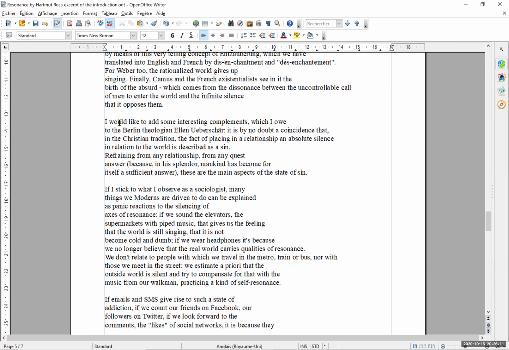If we wear headphones, it's because we no longer believe that the real world carries qualities of resonance. We don't relate to people with whom we travel in the metro, train or bus, nor with those we meet in the street. We estimate a priori that the outside world is silent and try to compensate for that with the music from our Walkman, practicing a kind of self-resonance.